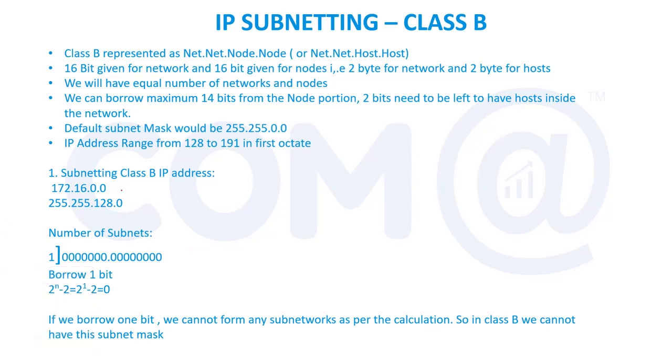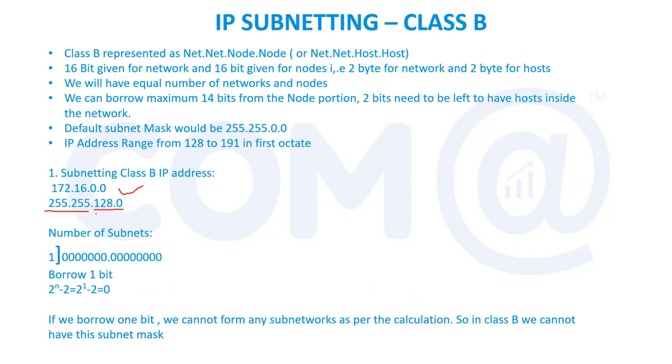They have given a class B address, 172, and a subnetted class B. If you see two 255s, blindly we can say it is a class B address because we know the default subnet mask. But once we get into the subnetting concept, there will be changes in the subnet mask.